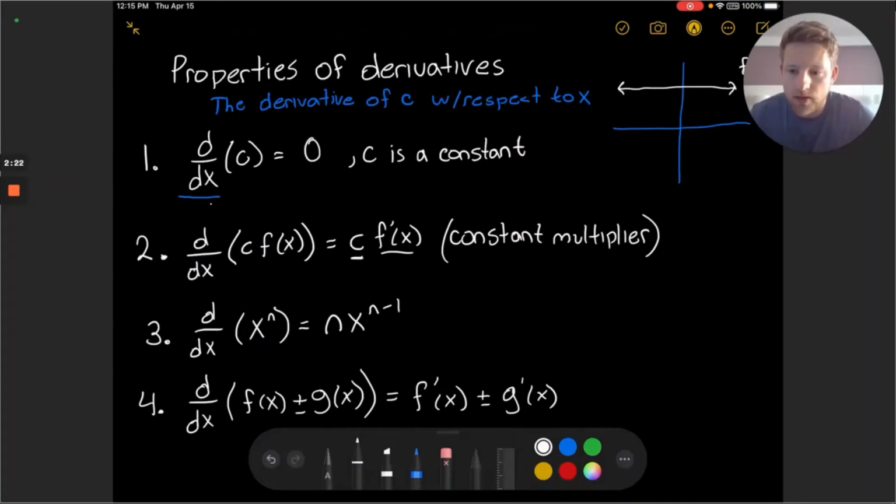The third property on our list is the power rule. This power rule tells us that if we have a function x to the n power, where n again is another constant number, that the derivative with respect to x of that power function is going to be n times x raised to the n minus 1 power.